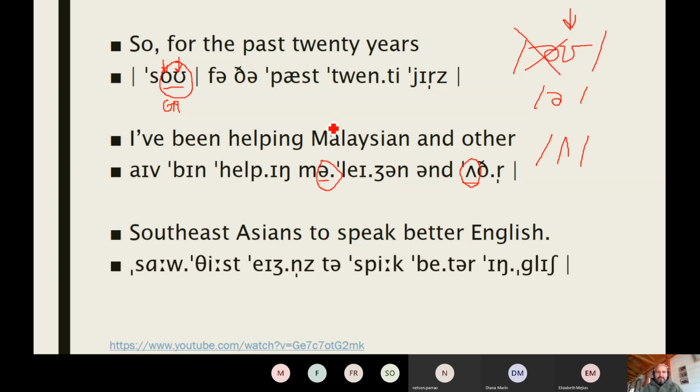What do you know about the second vowel sound? What do you know about the schwa here? It is mid and central. Exactly. What else? Mid central.